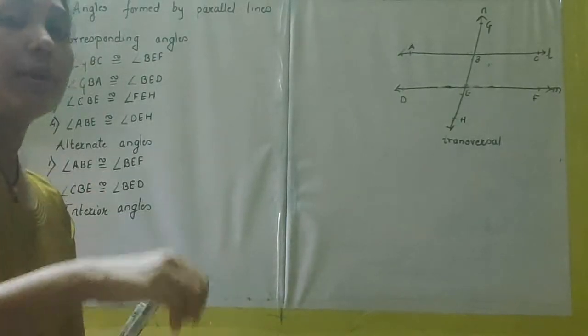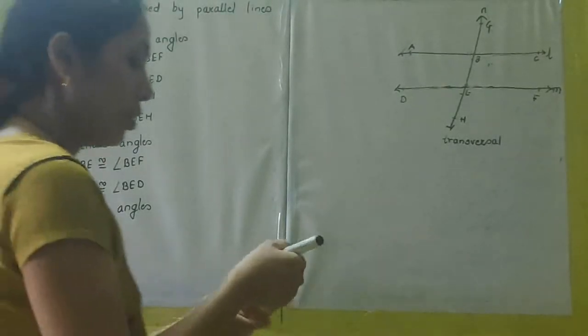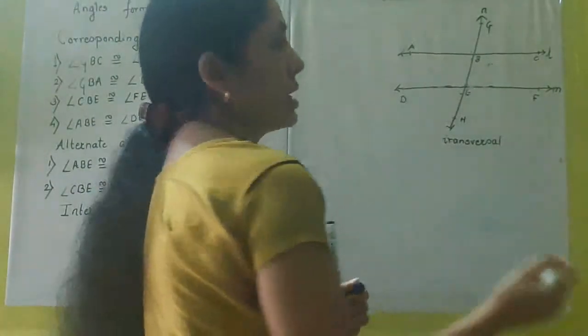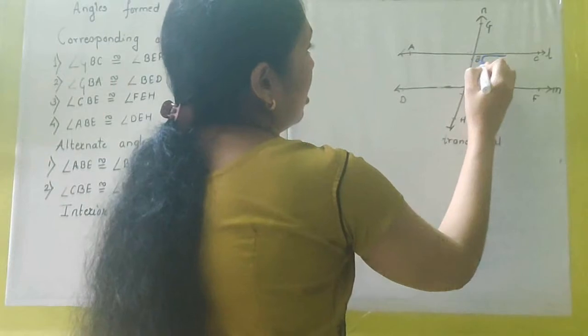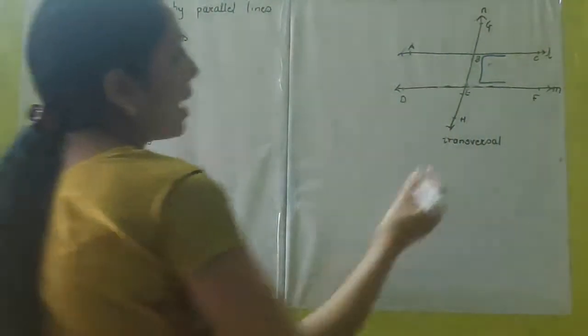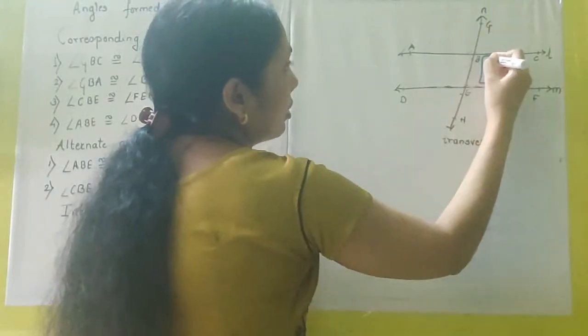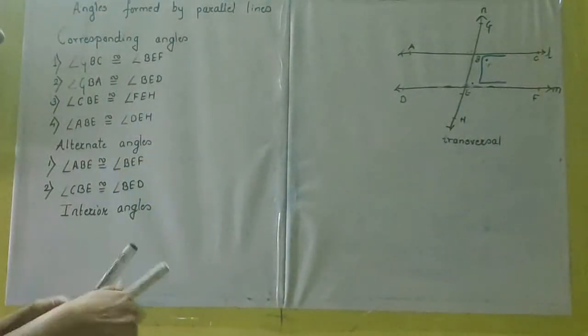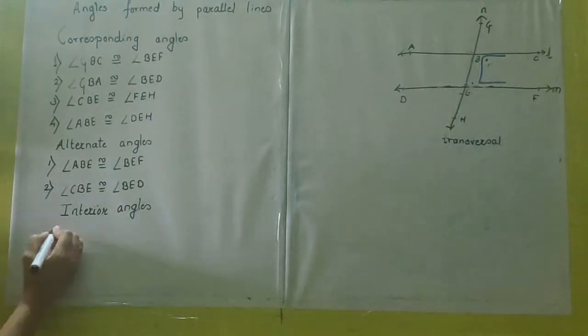Their sum is 180 degrees. Now for interior angles, I will look for the alphabet C. Here you can see the C. The angles at this corner and the angles at this corner become the interior angles. So I'll write it now.